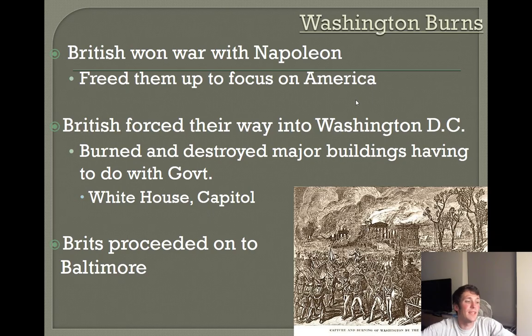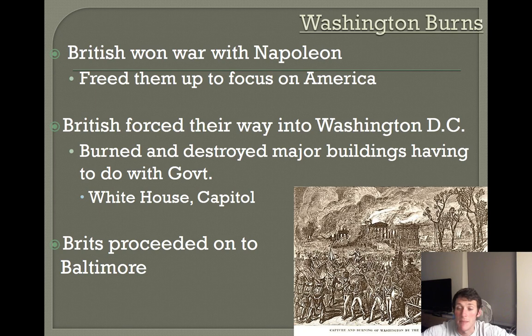So basically, once Napoleon falls, it's going to allow the British to reprioritize this war, and they're going to also have a lot more resources to be able to fight in North America. So the British are going to reappear, and they're going to basically come into Washington, D.C. They're going to burn part of Washington, D.C. They're going to burn the White House and the Capitol building.